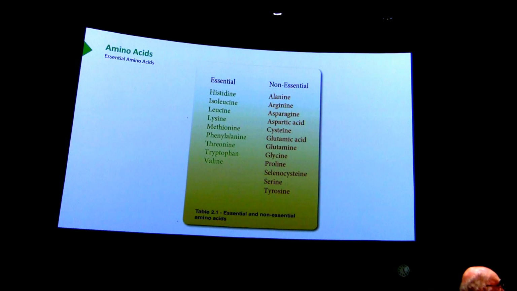Different organisms, for example, have different essential versus non-essential, and even within organisms, different humans have different essential versus non-essential, particularly with respect to health and age. Some of these change in terms of some of them we can't quite make enough of when we're an infant, but we can as an adult. So it varies. But this is a pretty good list in terms of essential versus non-essential.